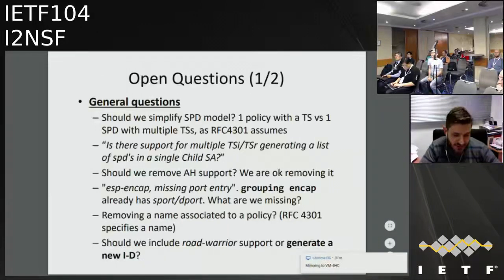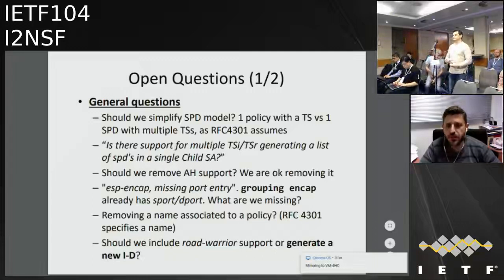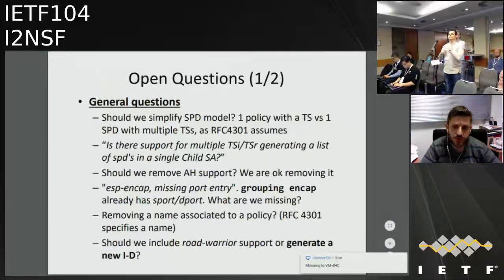We have been discussing this internally, and we are okay removing it. If the working group is okay, we can remove AH and only keep the ESP configuration. There was another comment about ESP encapsulation and a missing port entry, but we have source port and destination port, so we are not sure what we are missing, and that's why our question.